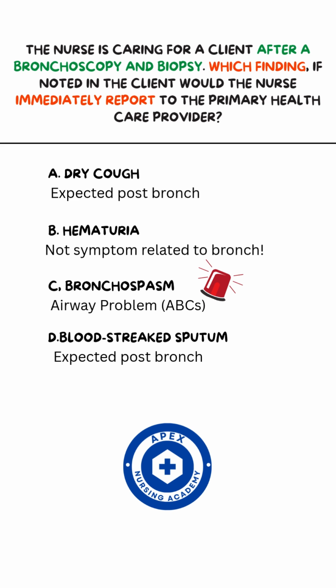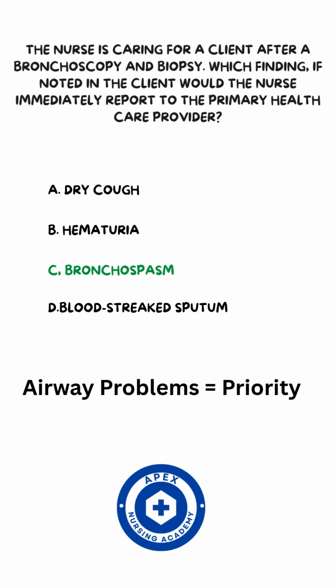If they are having a lot of bright red blood, that could be a sign of hemorrhage, and that definitely would need to be reported. But in this case, it just said blood-streaked sputum. That is expected. So I think we have an answer. Bronchospasm would definitely be the finding that we would immediately report to the primary healthcare provider, because that is an airway problem, and airway problems are a priority.